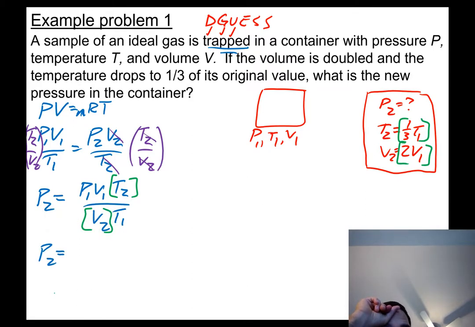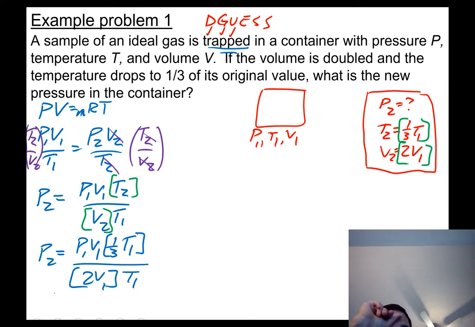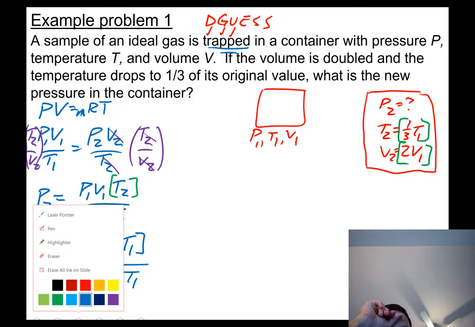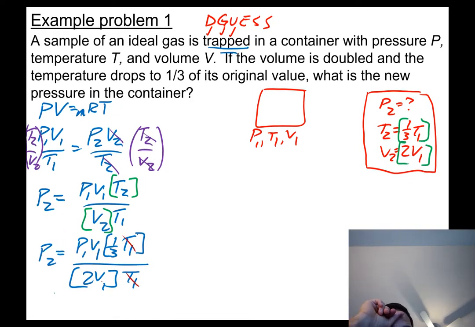So the new pressure is going to be P1 V1 times 1/3 T1, over 2V1 times T1. Okay, now we can do a whole bunch of canceling. This is fun. T1s cancel, V1s cancel, and 1/3 divided by 2 becomes 1/6, right?